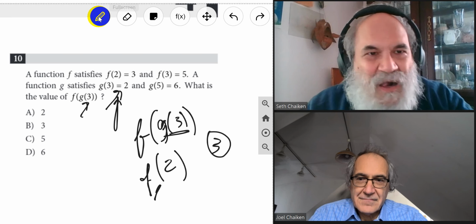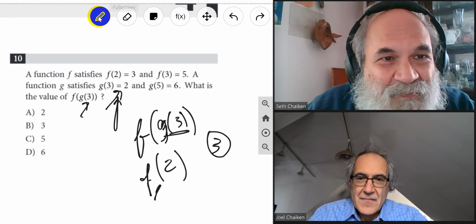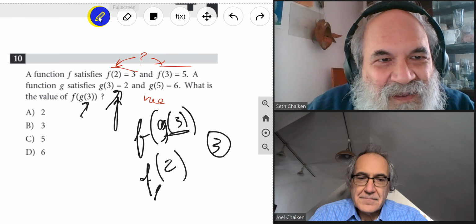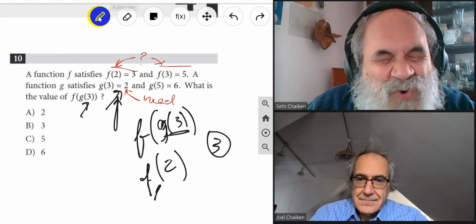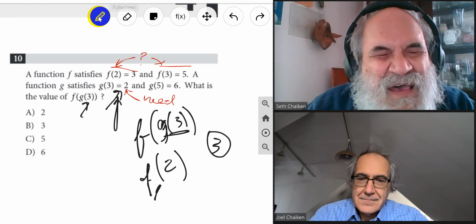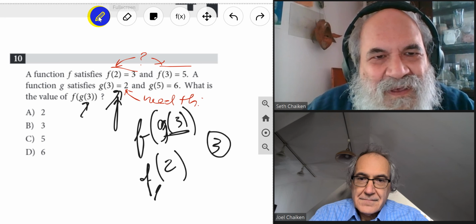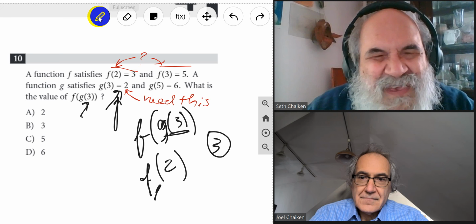Also, you don't know which of these two, the f of 2 or f of 3, is relevant until you've used the data that g of 3 is given.